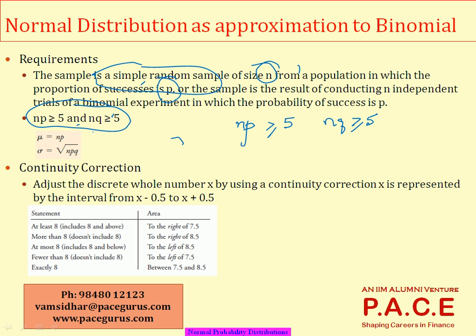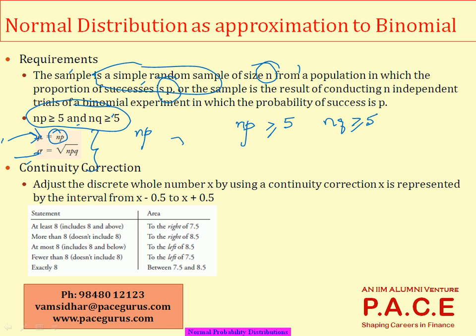And when I am approximating it, I need to find out the mean and the standard deviation of the normal distribution, because I have to first convert it into a standard normal distribution, and then only I can use it either for estimation purposes or for conclusion purposes. So I can very well take the mean of that adjusted normal distribution to be the mean of the binomial distribution itself, which is np.